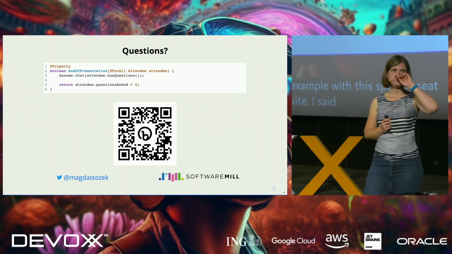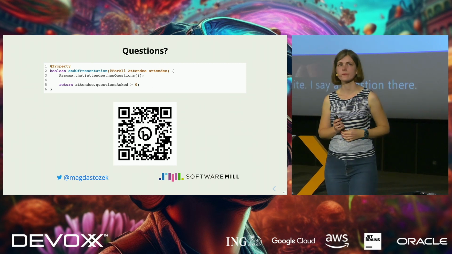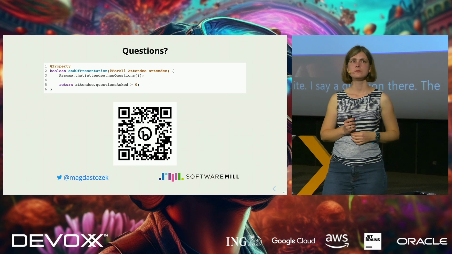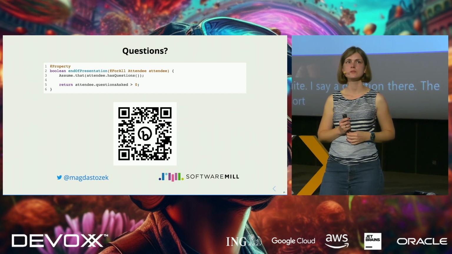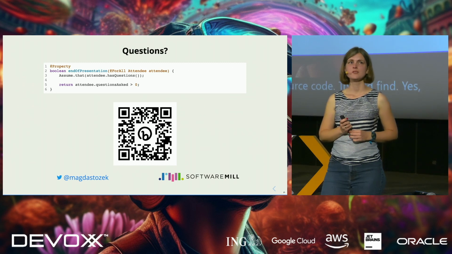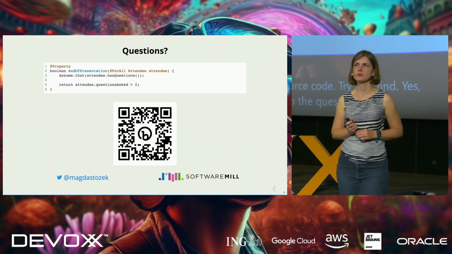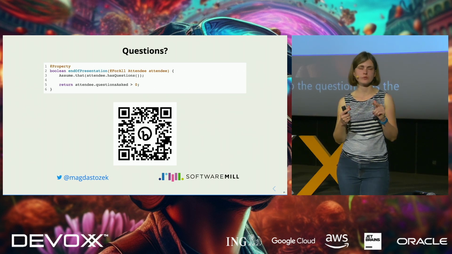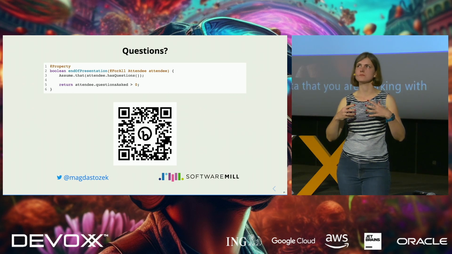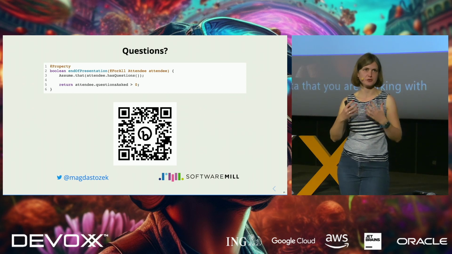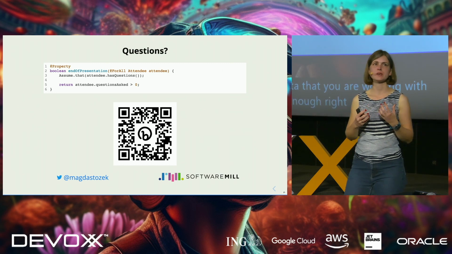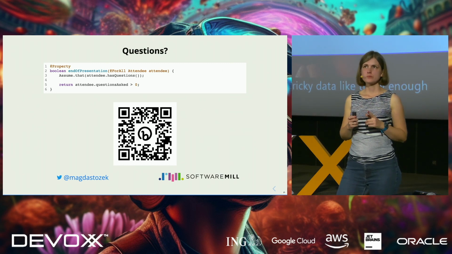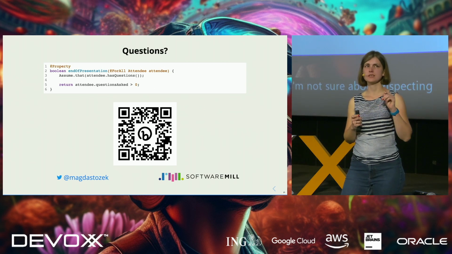I see a question there. Right, so the question is, is the framework able to inspect the data that you are working with to provide tricky data, like tricky enough, right? Inspect the source code. I'm not sure about inspecting the source code, but generally I would say yes.